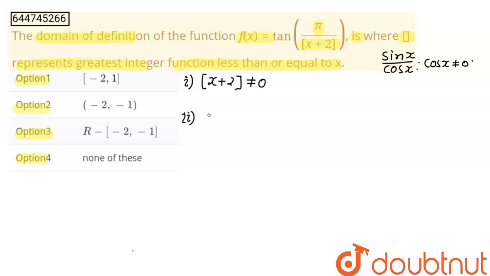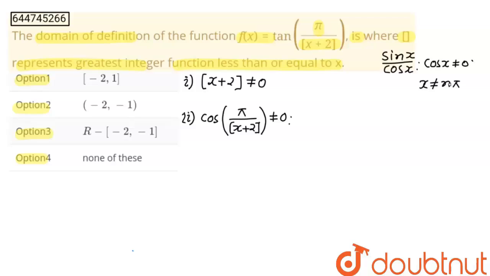So over here we'll say cos(pi upon [x] + 2) should not be equal to 0, and the value of cos x is 0 at odd multiples of pi by 2.